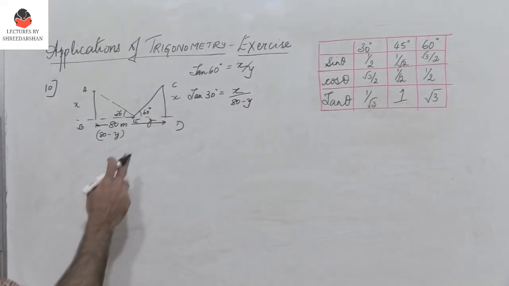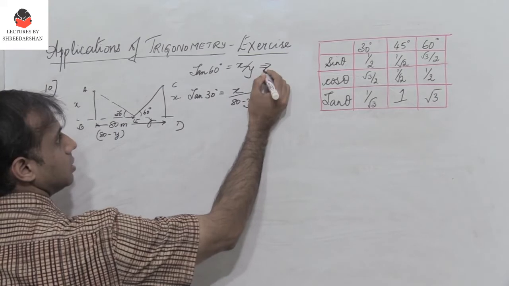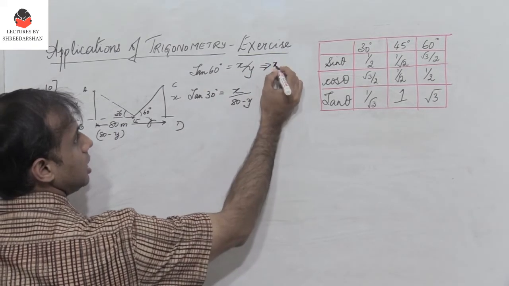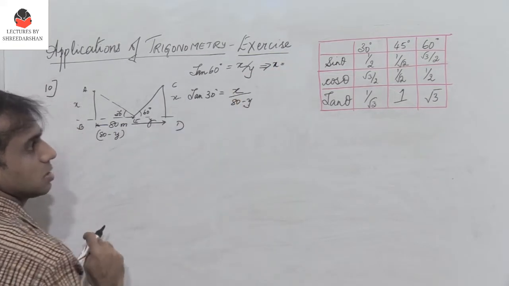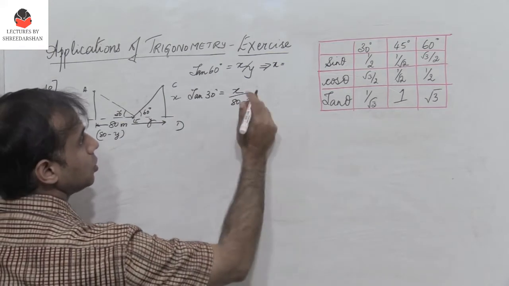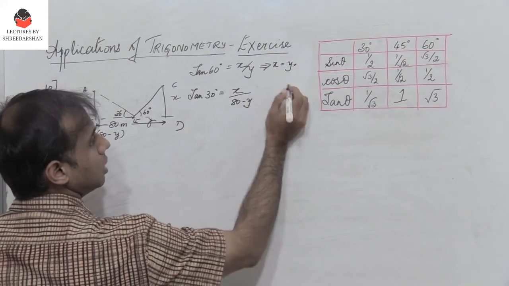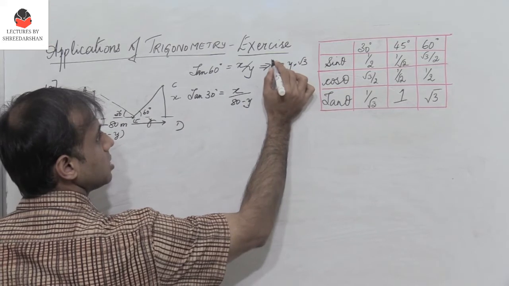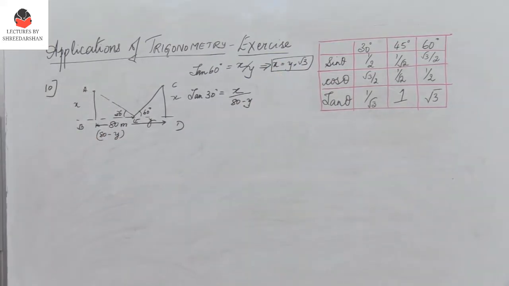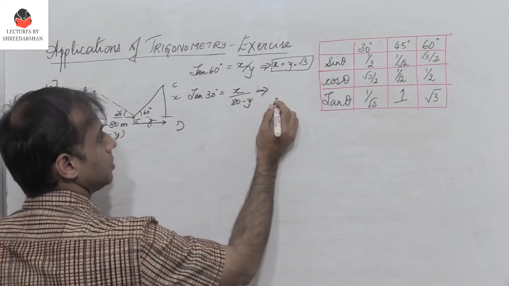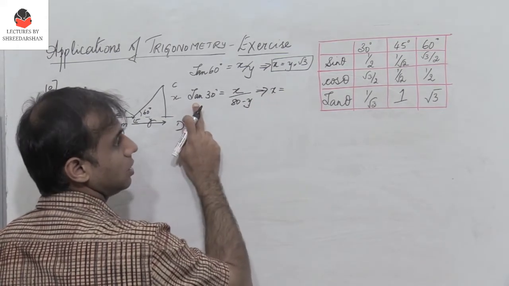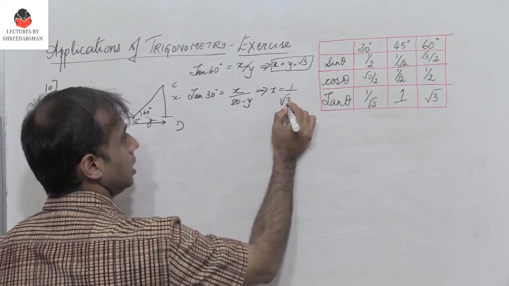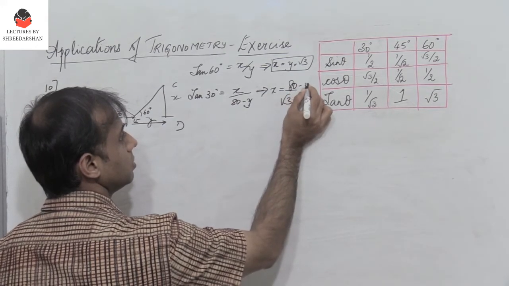From this I get x equals y into tan 60. Tan 60 is root 3, so x equals y into root 3. From the other, I get x equals tan 30, which is 1 by root 3, into 80 minus y.